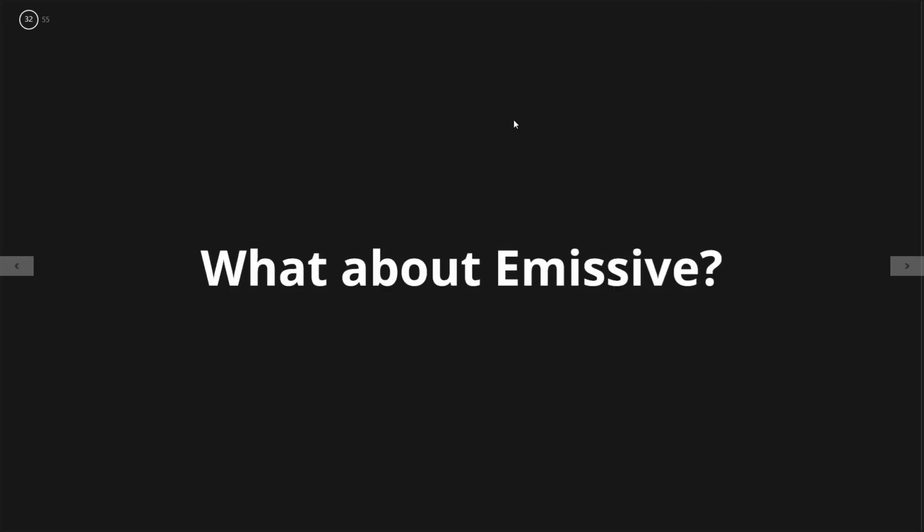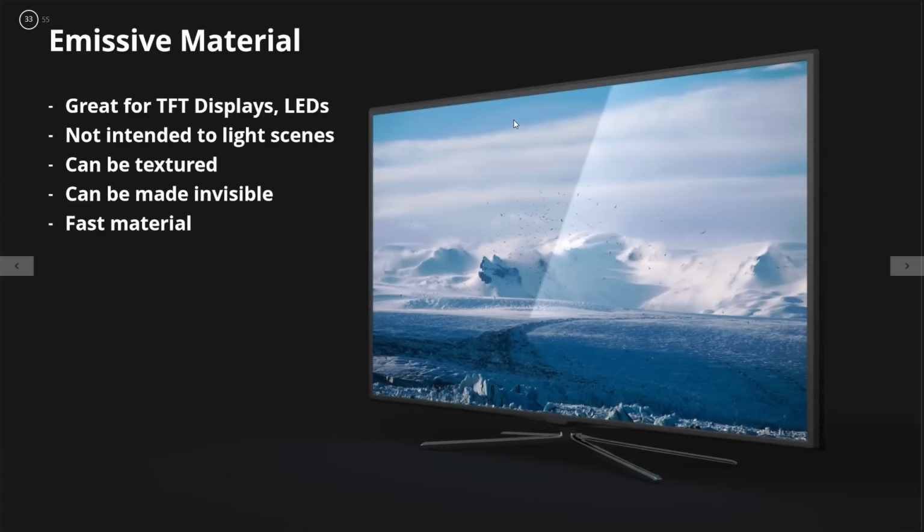There might be some questions like, what about emissive material? You know, emissive has been there in KeyShot since the beginning. So if you're using the emissive material, it is great for some use cases like TFT displays, LEDs, small indicators. It is not intended to light scenes, and I'll show you examples of that rendered side by side with the others. But I generally don't use the emissive material as a light source. So when I talk about advanced lights, I'm not talking about the emissive material.